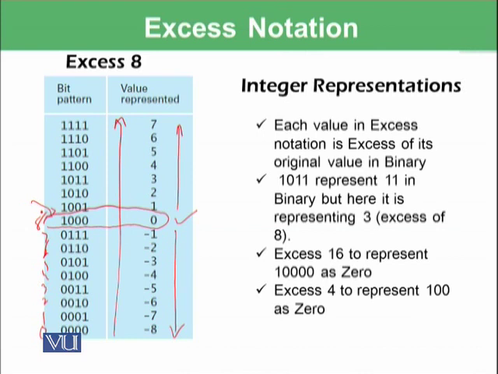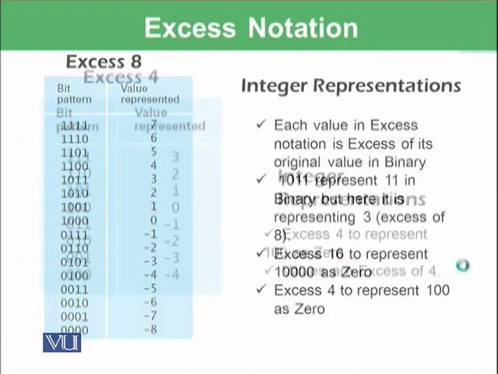So in excess 8 you are representing 1000, which is equivalent to 8, as 0, and in excess 16 you would need 10000, which is 16, to represent 0, and similarly the following will be representing positive and the preceding will be representing negative numbers. So let's see excess 4, which uses 100 to represent 0.